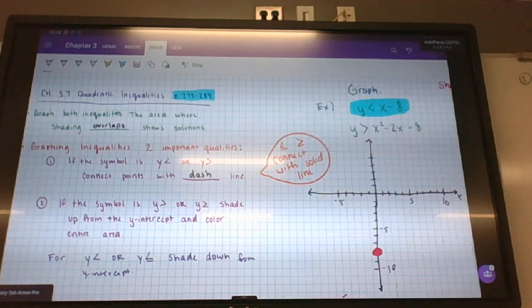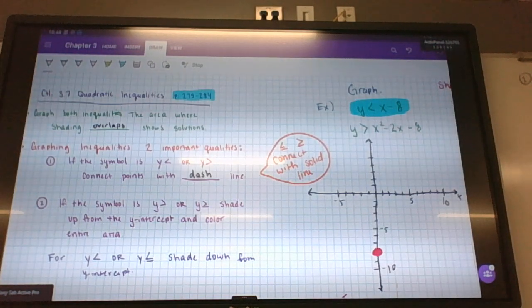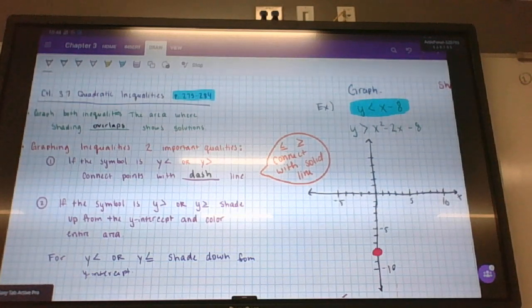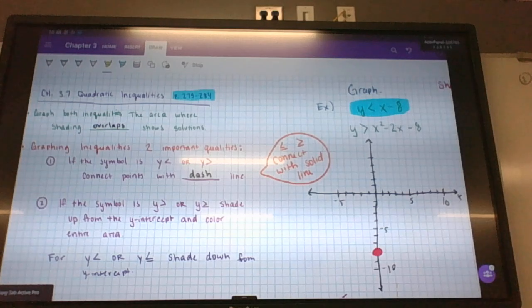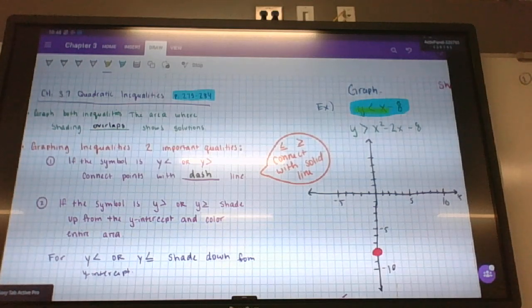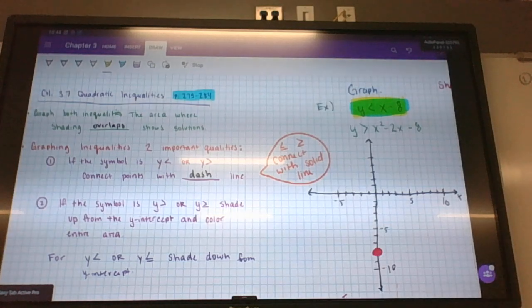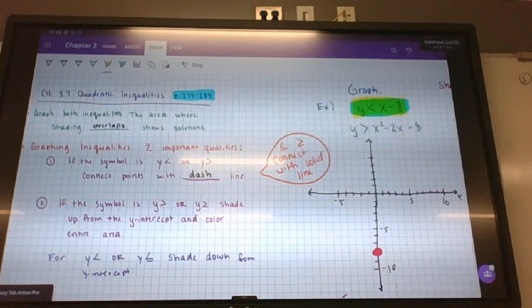Yeah, landed it at -8. What's the next move in graphing a line? You see the blue highlight? I can make it green. You see the green highlight? I've already put it down at -8. What would I do next?